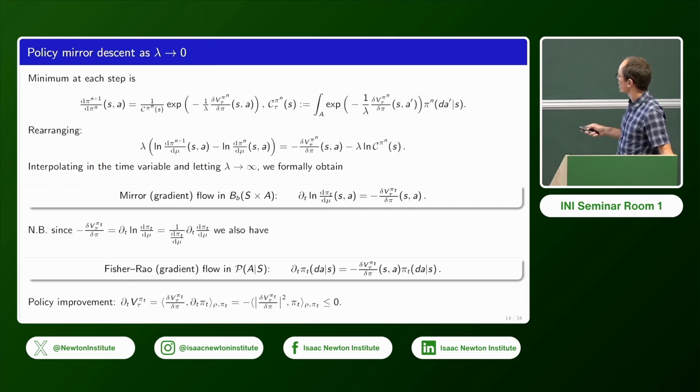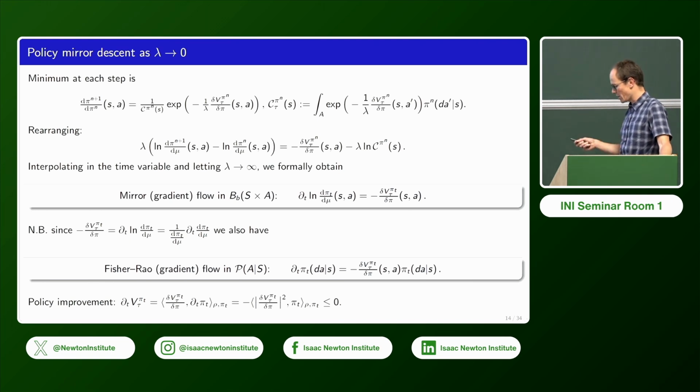And you should now think of this as an Euler scheme step in the space of log densities, right? So the new log density is the old log density, minus the first variation, and then minus some constant, and 1 over lambda will be my step size.